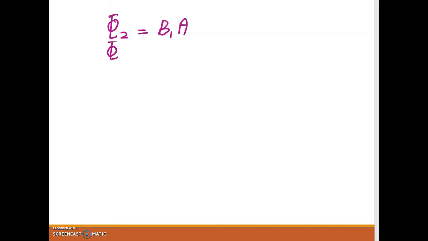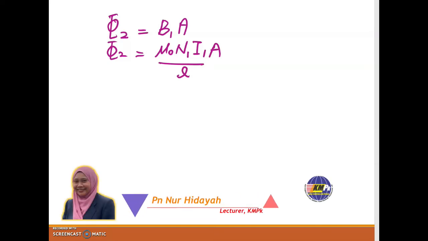So the equation will become B1, we know, mu naught N1 I1 over L, multiplied by A. So then we know again the change of magnetic flux in coil 2 is due to the change of current in coil 1.